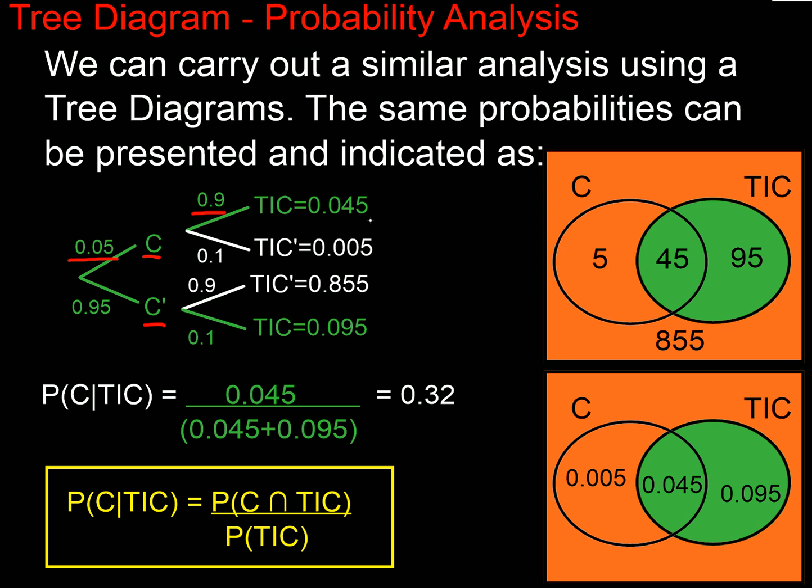So the probability of that happening, as we multiply those two probabilities together, is 0.045. And there's our 45 women from our Venn diagram, which has an equivalent probability of 45 out of 1,000, which is 0.045. And that meets our criteria, doesn't it? That one meets our condition from the Venn diagram.